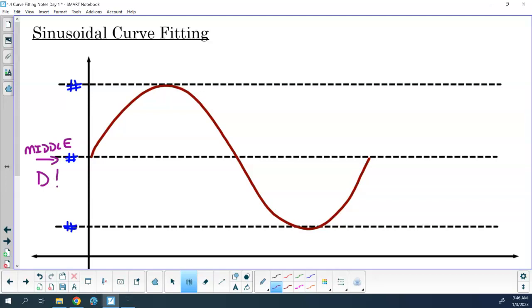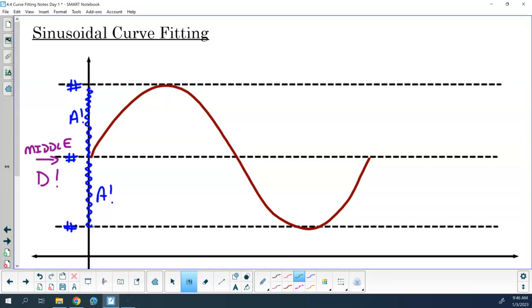So this value in here, that's A. Or this value down here, that's A. So right there, just off of that, you got 2 of the 4 things that you need. Okay?